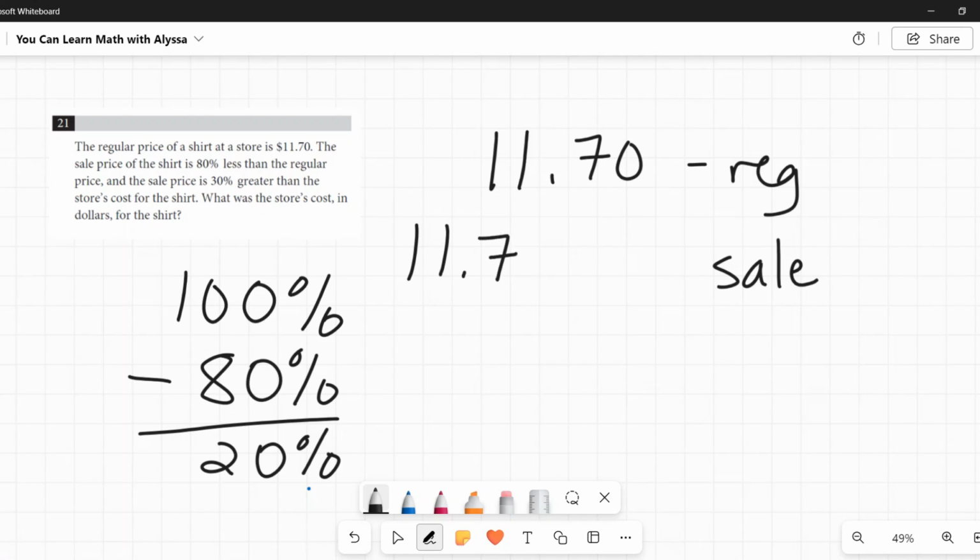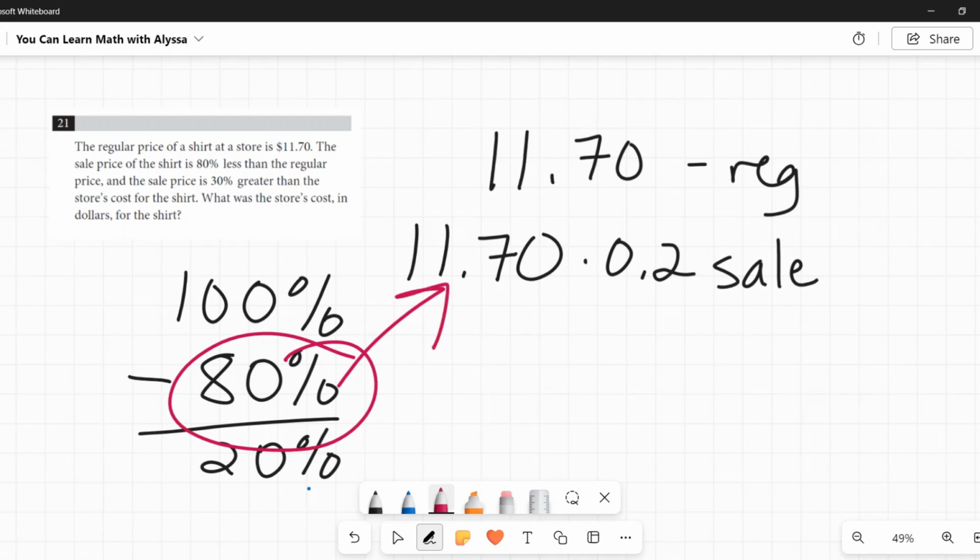So I am going to do 1170 times 20%, which is the same as 0.2. The other, most common way is to find 80% of 1170 and then subtract that from 1170. That also works. They are the same.